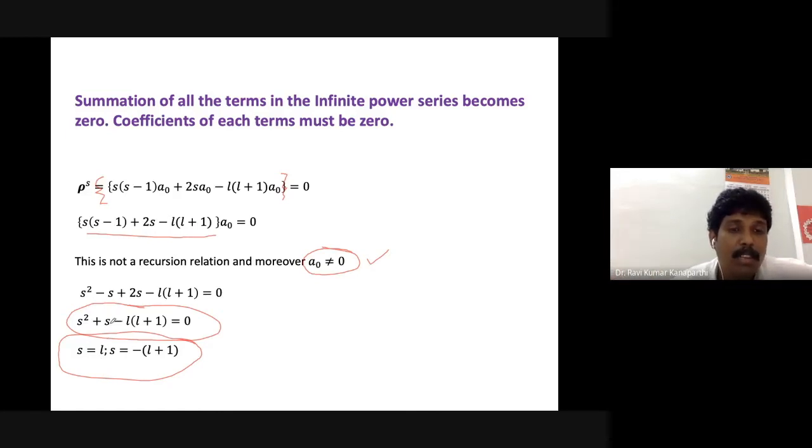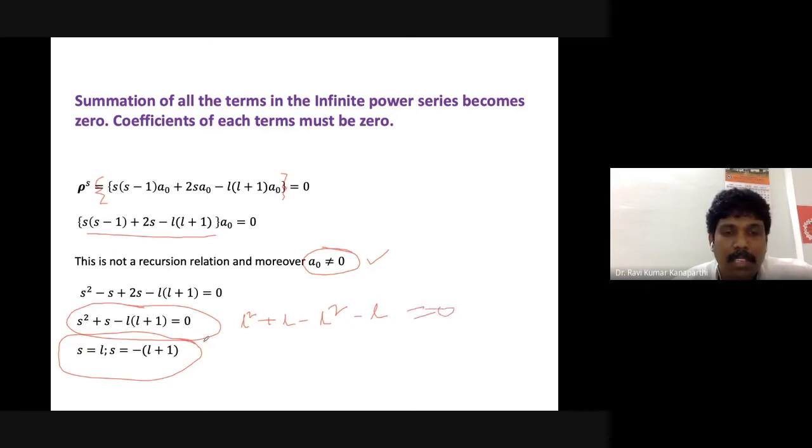If you substitute s is equal to L, we get L square plus L minus L square minus L, which is equal to 0, right?